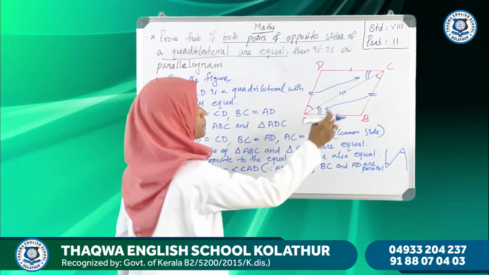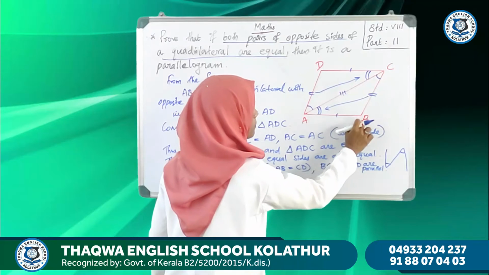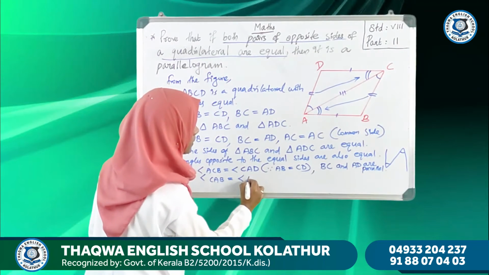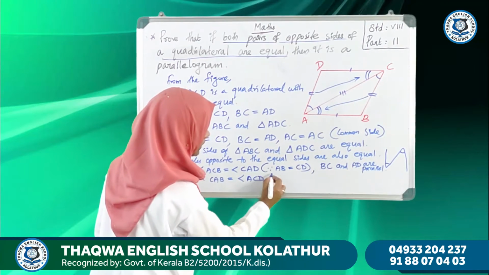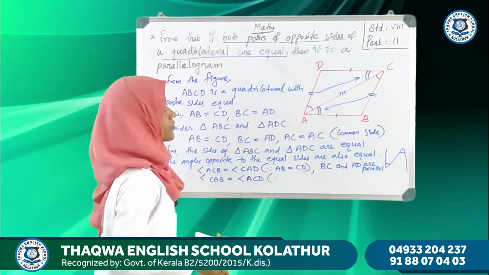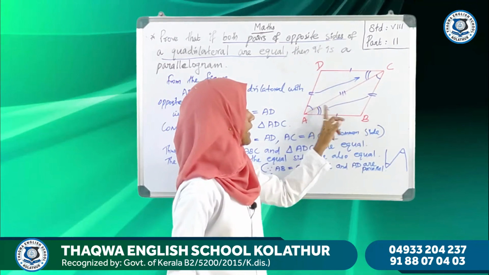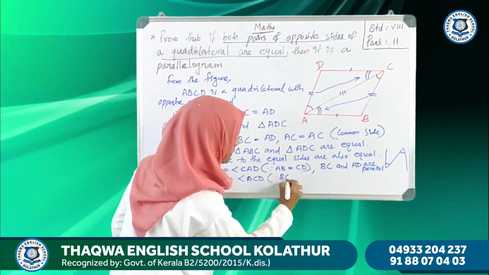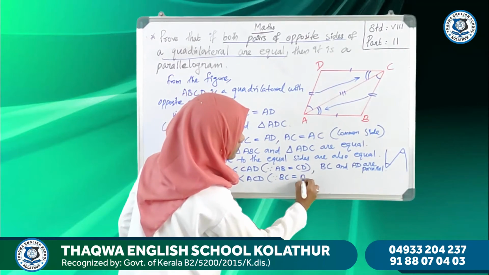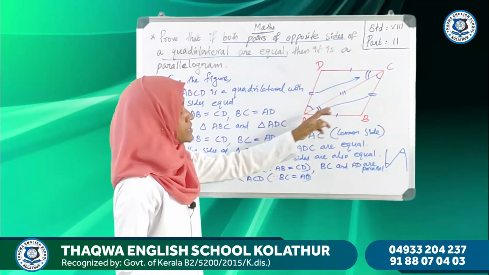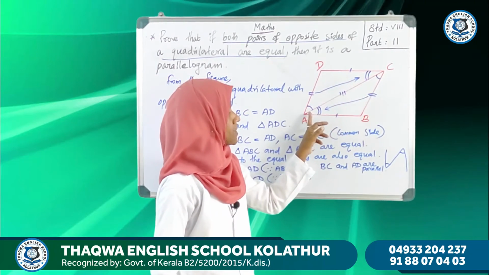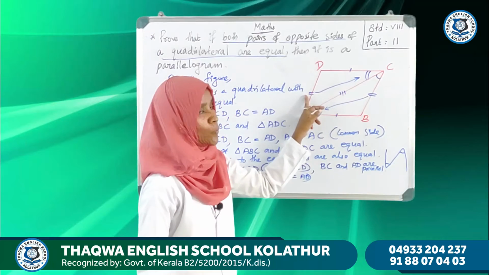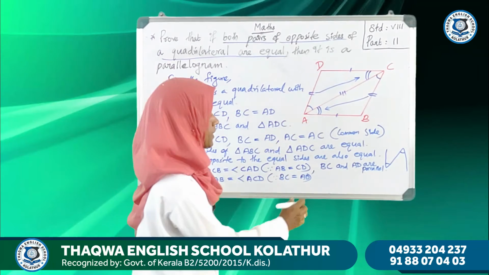So angle CAB equals angle ACD. Reason: CAB is opposite to the side BC, and BC equals AD. That is, angle ACD is opposite to the side AD.